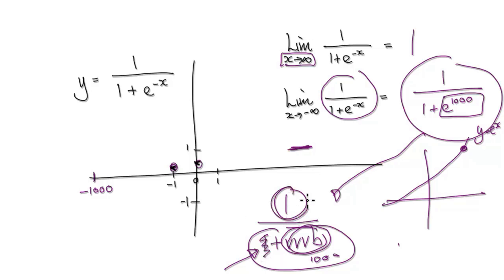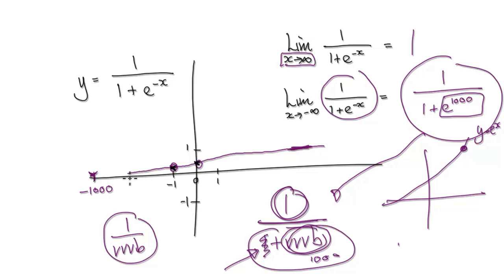So it's going to be 1 divided by very, very big. When you have 1 divided by very, very, very big, the overall thing would be very, very small. So it's going to be somewhere around here. At least you know your graph will look something like this. It passes through a half, it passes through near a quarter, and then it's heading towards 0 from above.